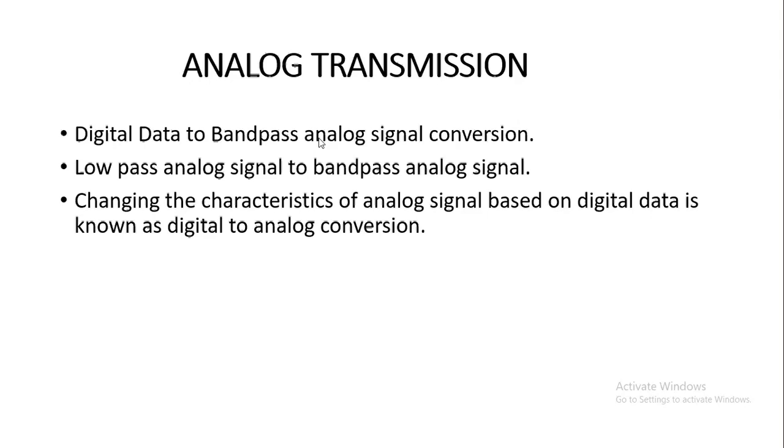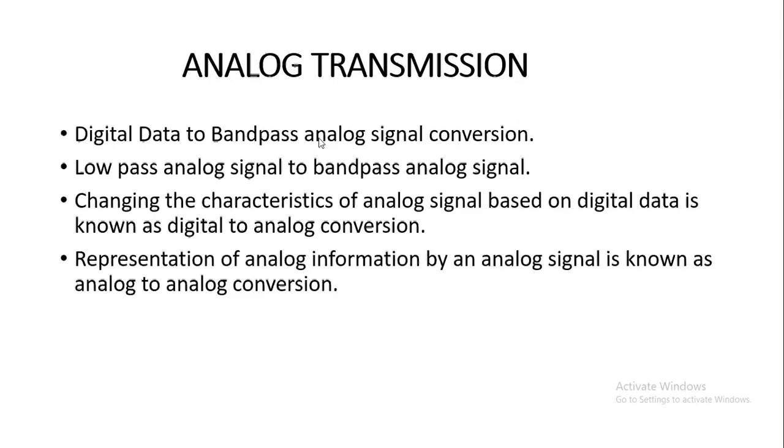And this kind of mapping is also done in case of your low pass analog signal to bandpass analog signal conversion, where the low pass analog signal information has been converted into bandpass analog signal and transmitted through a communication channel. Now, representation of analog information by an analog signal is known as analog to analog conversion.